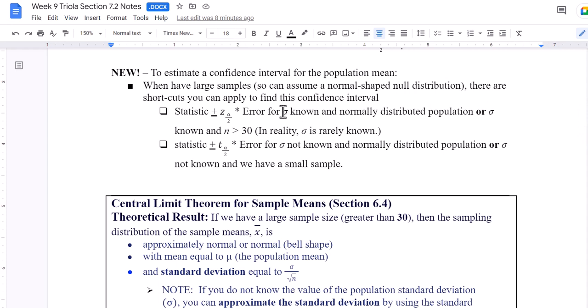Remember, sigma is the symbol for population standard deviation. And we're going to use the statistic plus or minus a t critical value from a t table, which we're going to talk about, times the error when we don't know the population standard deviation.